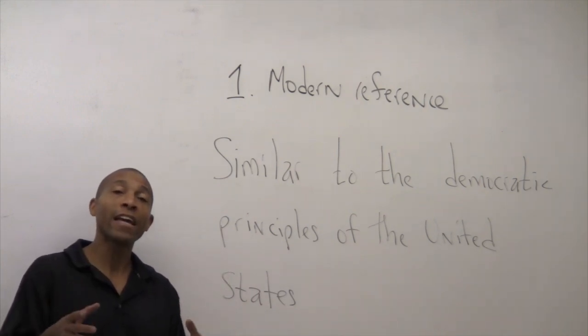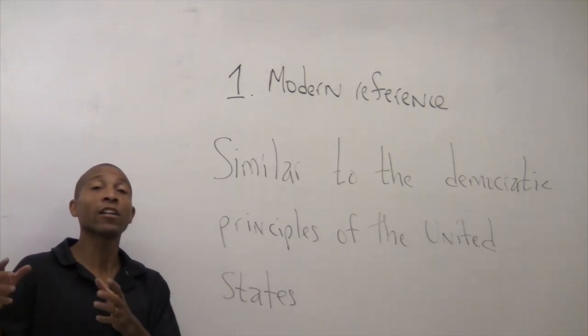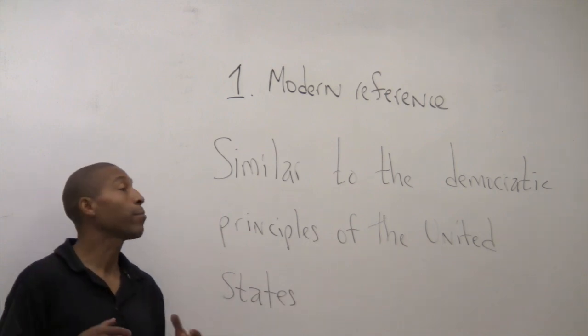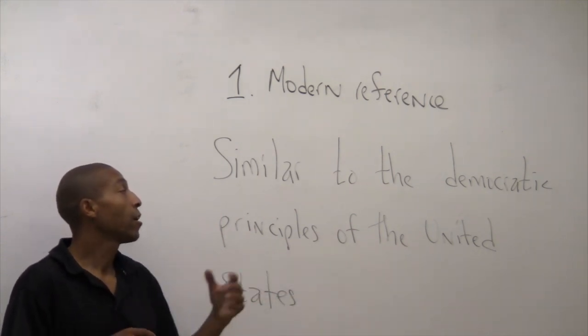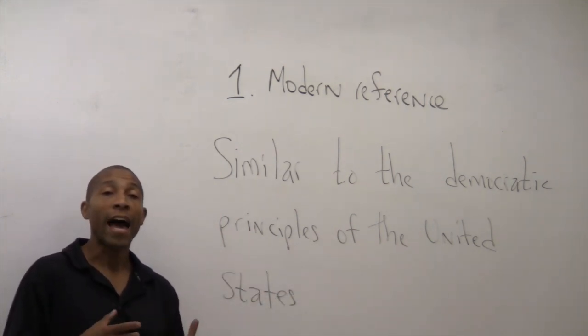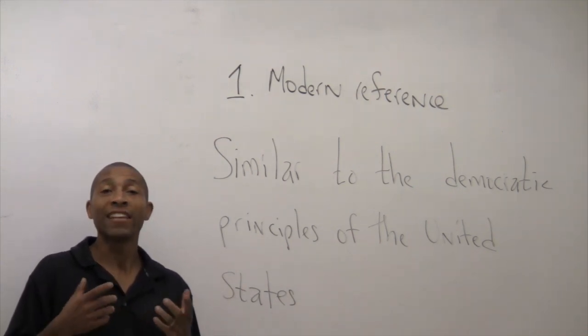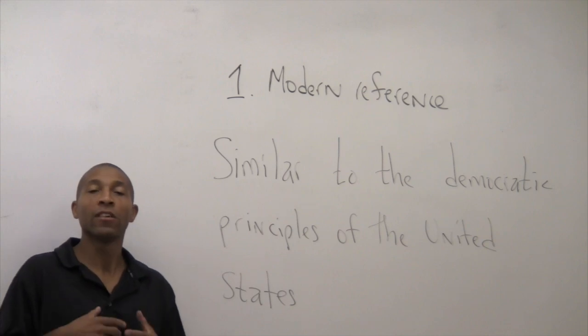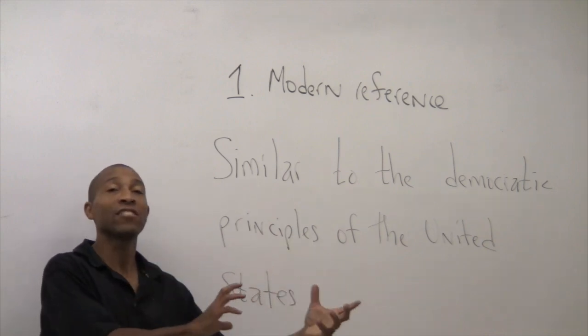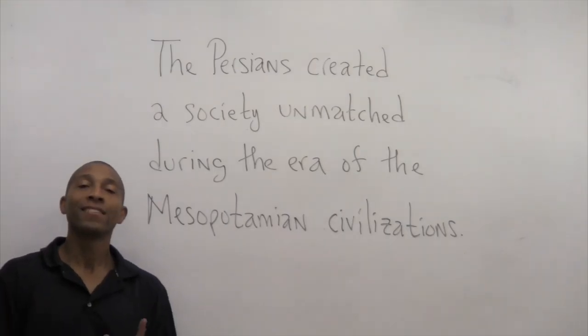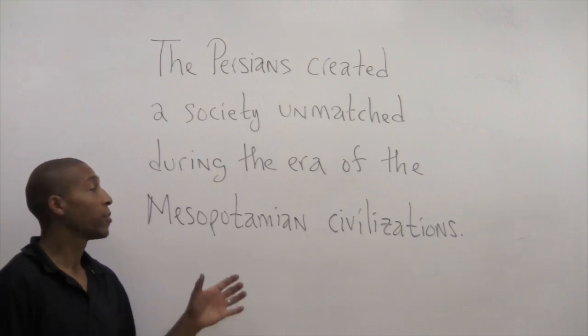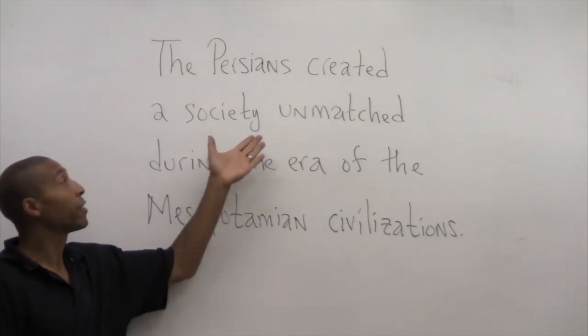That would be a phrase that we would include in our conclusion sentence to connect to a broader theme. Here, we're making the analogy that the United States and its democratic principles were an example of an unmatched social achievement in its era.